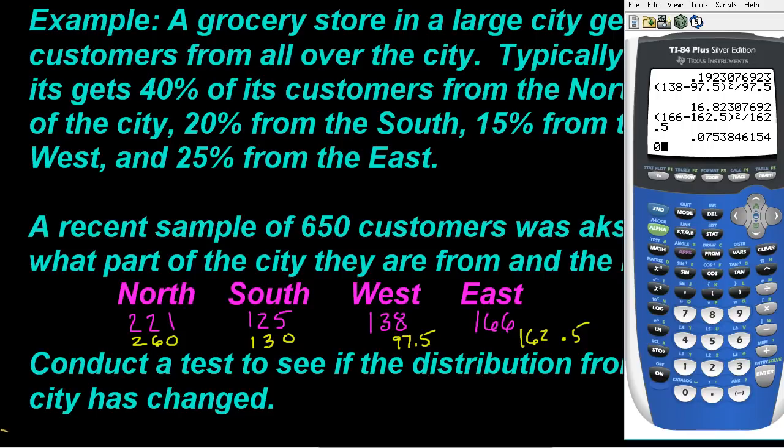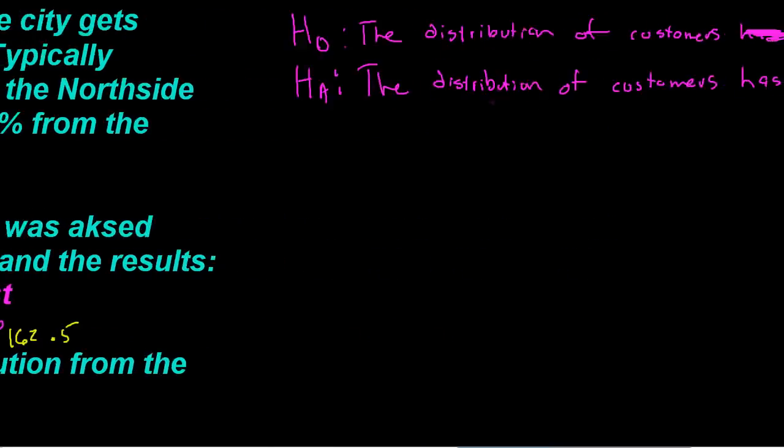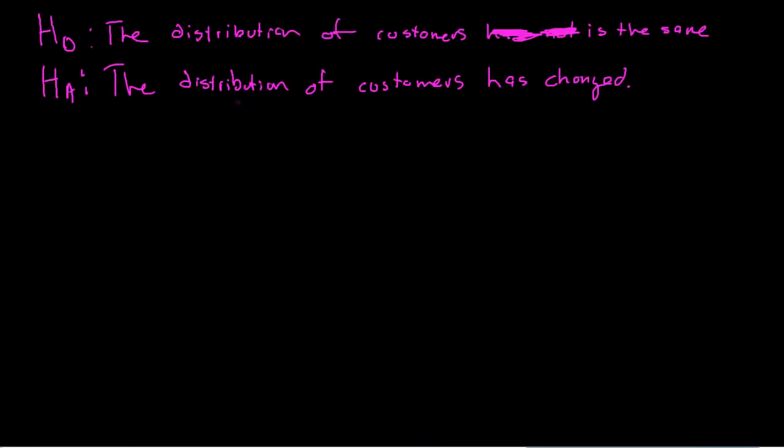So 0.075 plus 16.82 plus 0.19 plus 5.85. So I get my grand total chi-squared, 22.935.